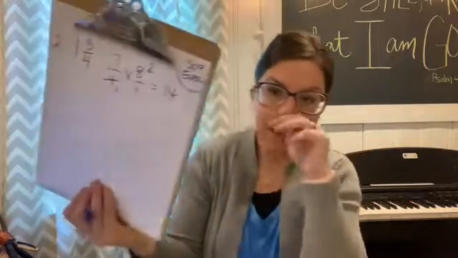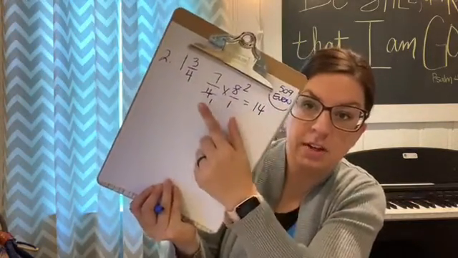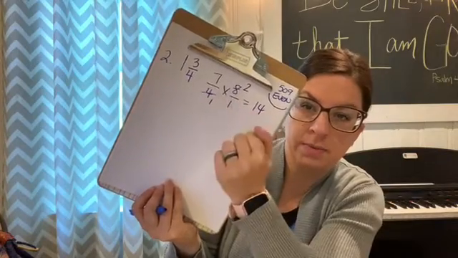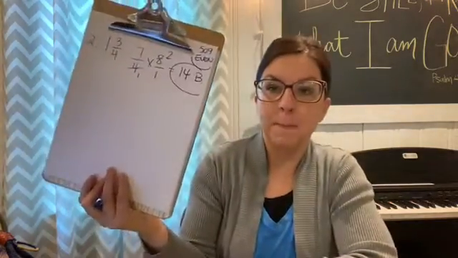So 4 times 1 is 4, plus 3 is 7. So 7/4 times 8. I can cancel out 4 and 8 because they're diagonal from each other and they go into each other. 7 times 2 is 14. So that would be B, 14.